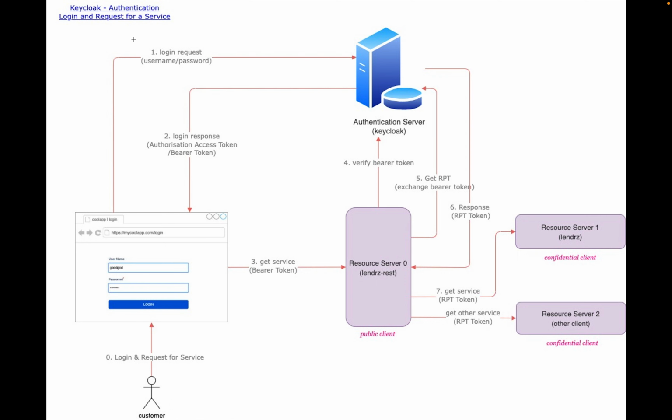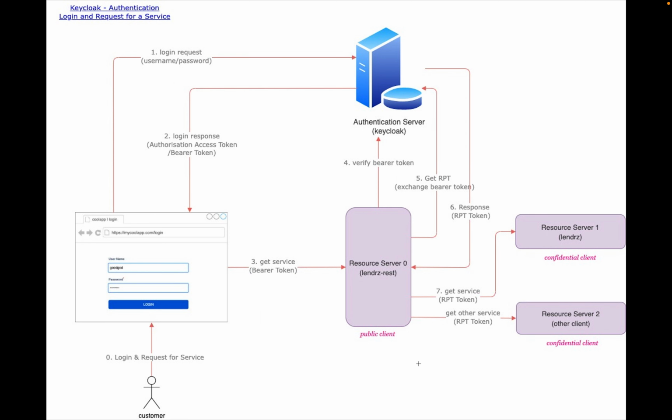In our use case here, after you've authenticated with Keycloak and you've gotten a response back, the bearer token, the third request is you're requesting a service from your browser, because you have a token in the browser. You're sending a token to the resource server, and you're requesting a service.